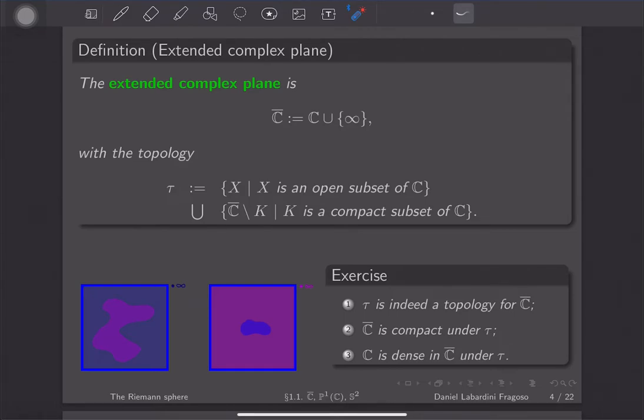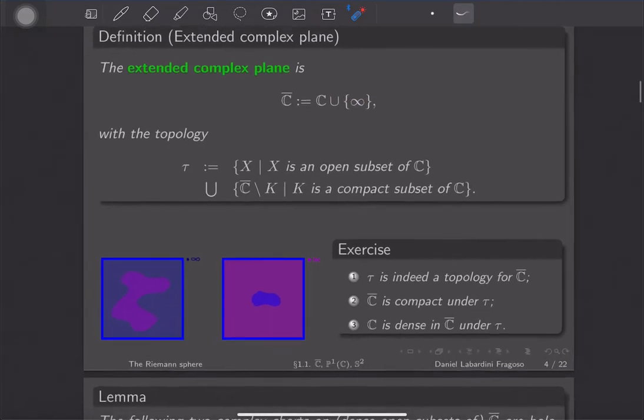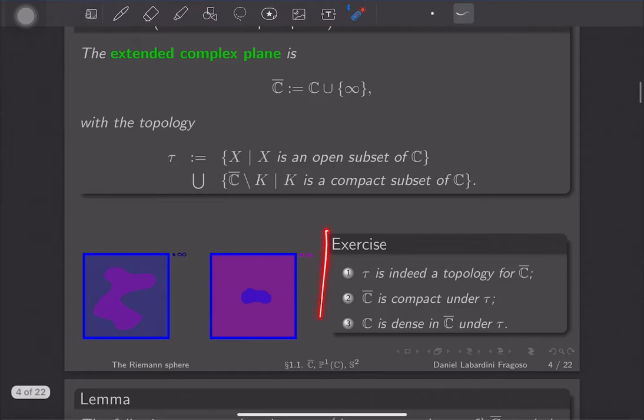And of course, it should be expected that C is dense in C bar, given this, and given that infinity by itself is not an open subset. Okay, so this is one exercise.